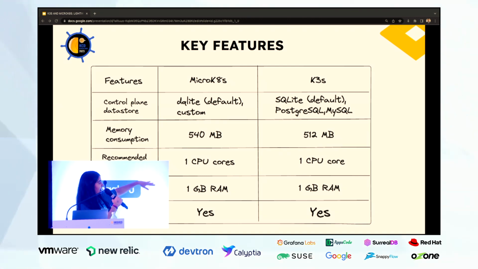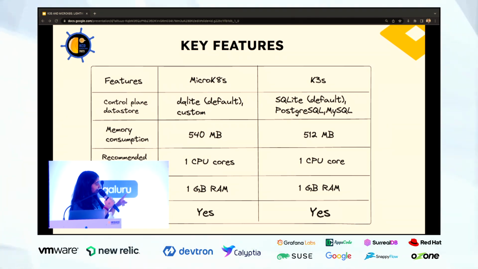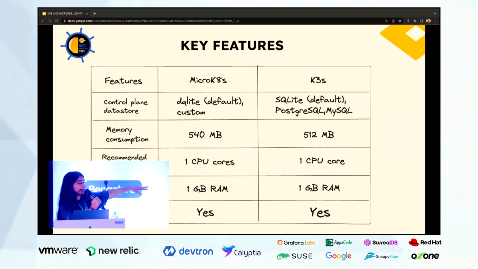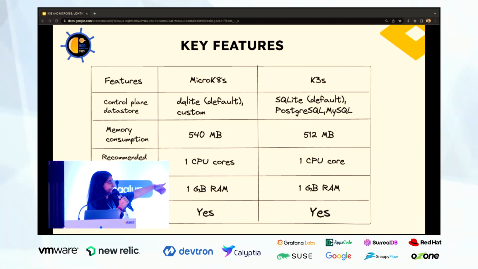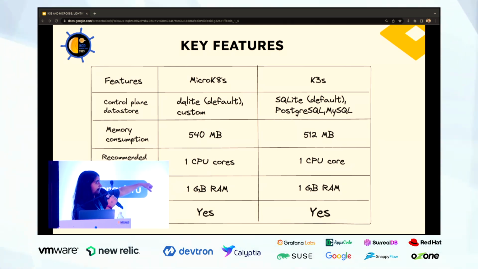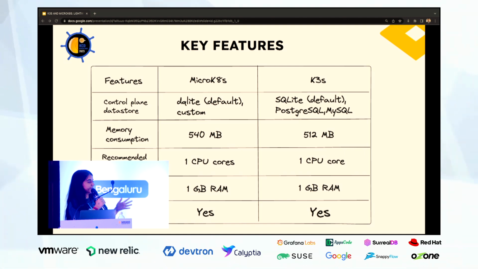And there are other similarities. If you want to run either cluster, you require at least one CPU core and 1 GB RAM, and both provide high availability. But the difference is that MicroK8s provides it by default, while with K3s you can enable etcd, and after that it will provide high availability.